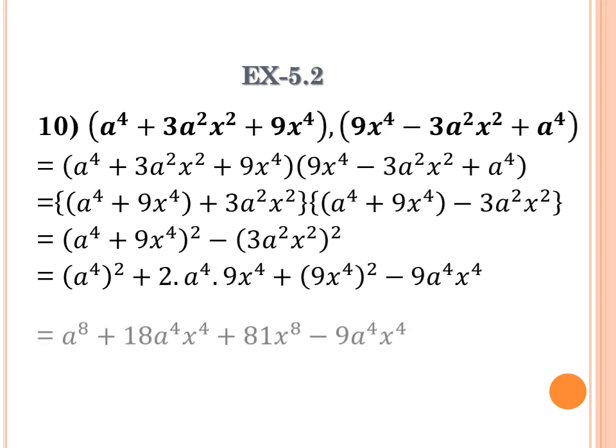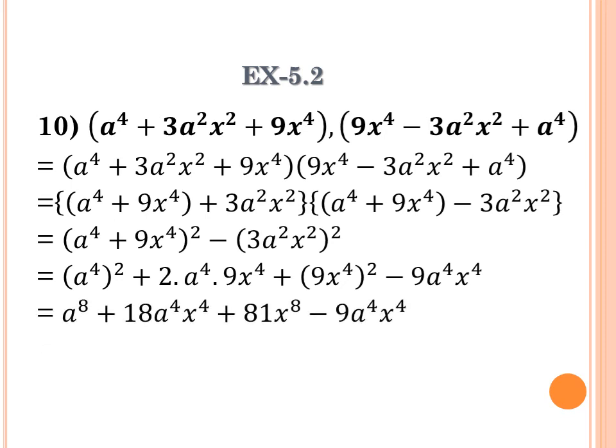That's why a to the power 8 plus 18 a to the power 4 x to the power 4 plus 9 9s are 81, x to the power 8 minus 9 a to the power 4 x to the power 4. That is the desired answer, because if we reduce 18 a to the power 4 x to the power 4 minus 9 a to the power 4 x to the power 4, we get plus 9 a to the power 4 x to the power 4.